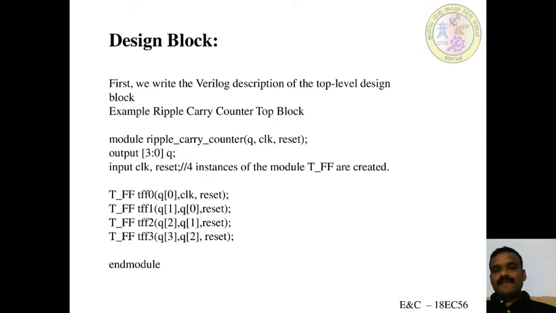TFF0, TFF1, TFF2 and TFF3, these 4 are the instantiations of the T flip-flop. Clear? So that's why we take it as 3:0. Okay, so next, end module.